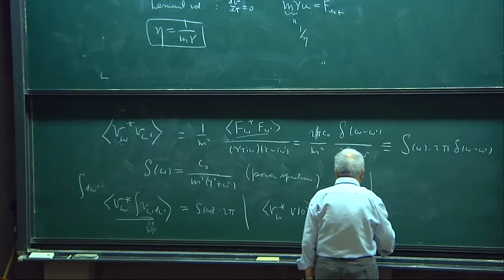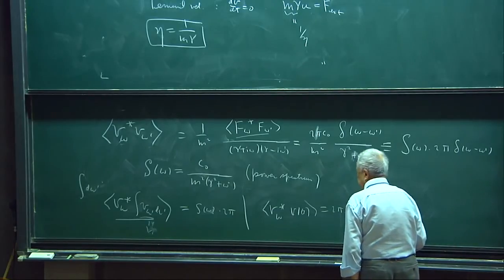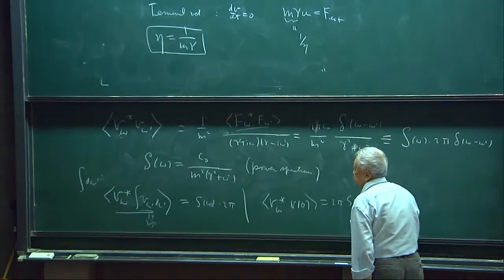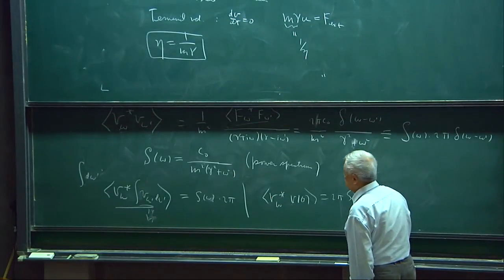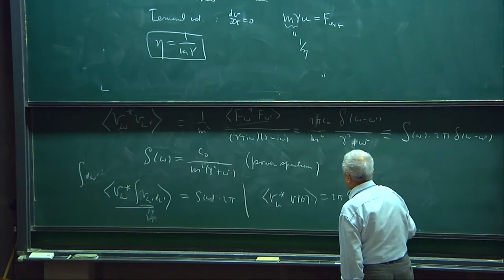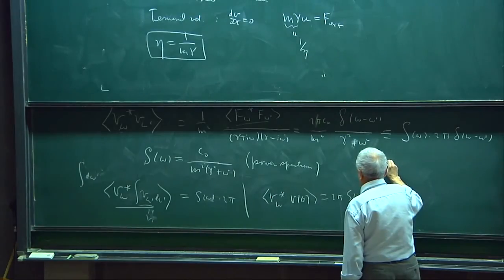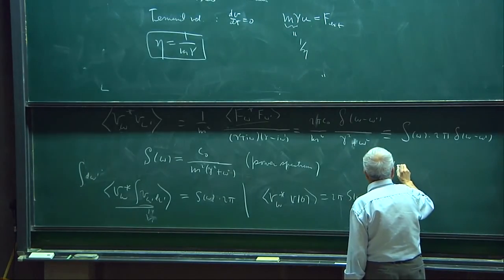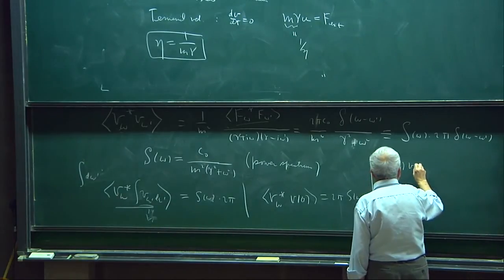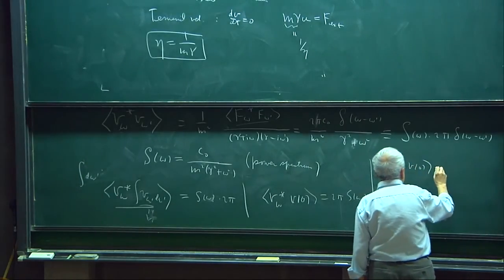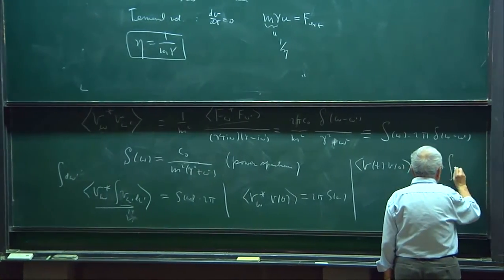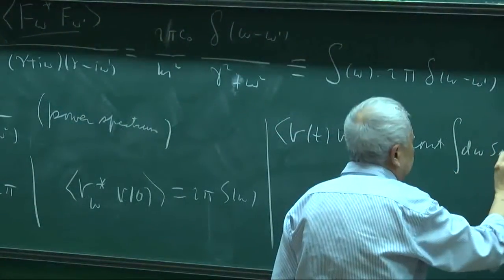And I now integrate both sides with respect to omega. Say v of t, v of 0, is equal to some constant times the integral d omega S of omega.